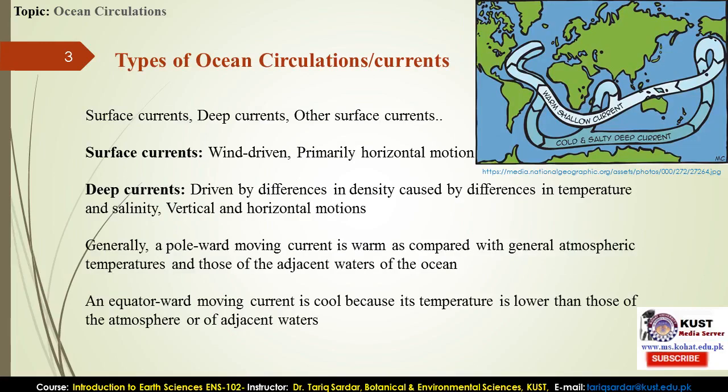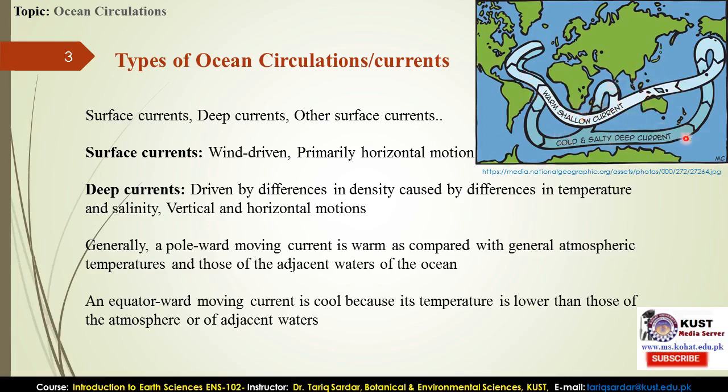We will discuss the types of ocean circulation or currents, and how many surface currents are found over the globe. First, we can look at the picture I have mentioned here. The warm currents are mostly at the surface, that's why they are called shallow.